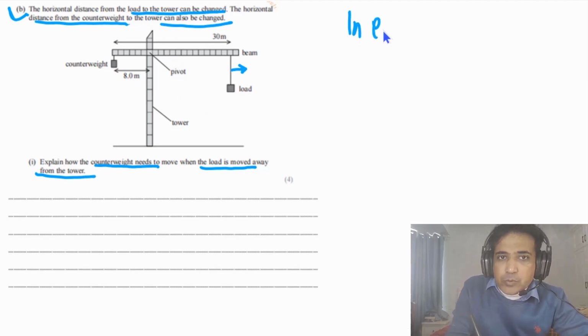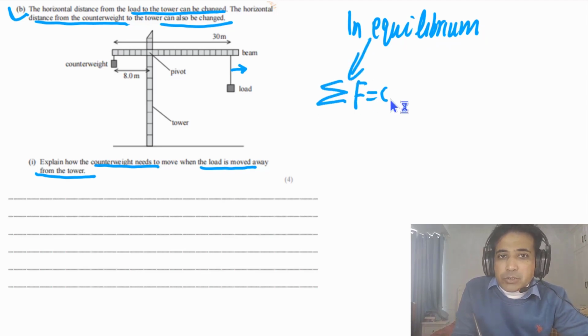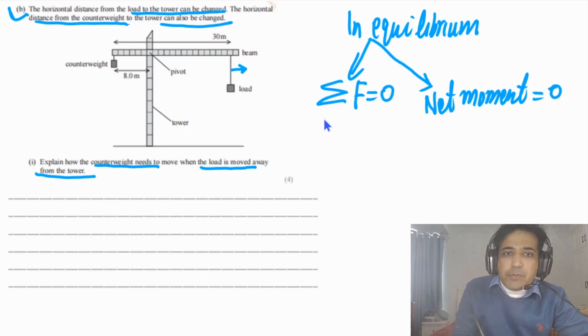So first of all we need to understand the conditions for equilibrium. For equilibrium, the sum of the forces in any direction has to be equal to 0, and the net moment about any point also has to be equal to 0.